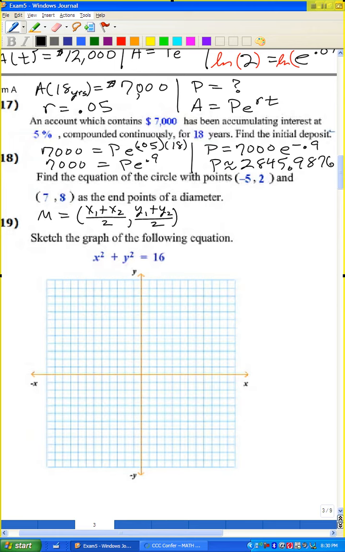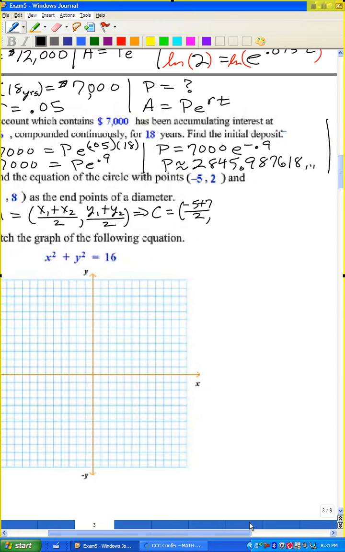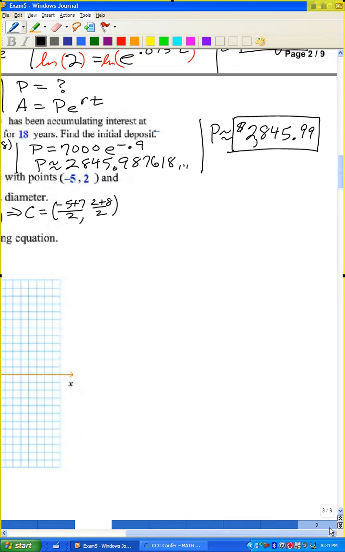And so the center is negative 5 plus 7 over 2, 2 plus 8 over 2. And so the center is at the point 2 divided by 2, 10 divided by 2, and so the center is at 1, 5.